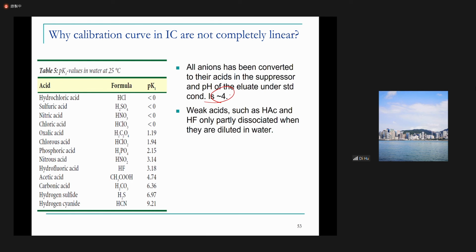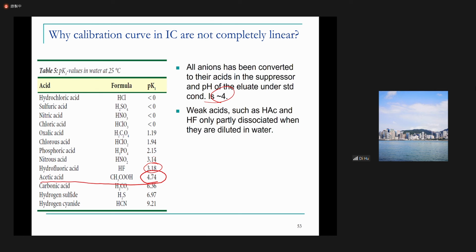However, for acetic acid, its pKa value is 4.74. What does that mean? For this one it is 3.18.